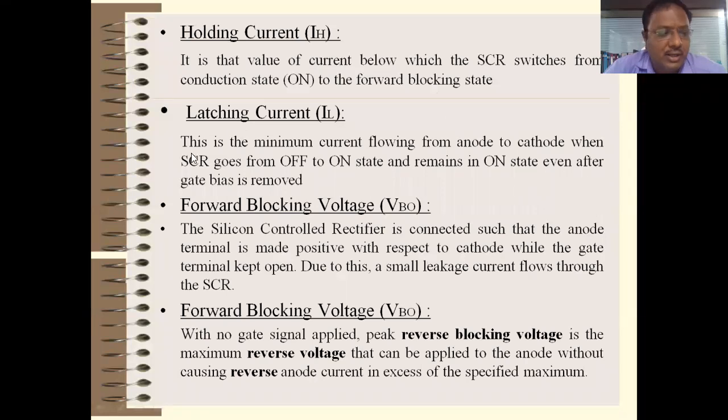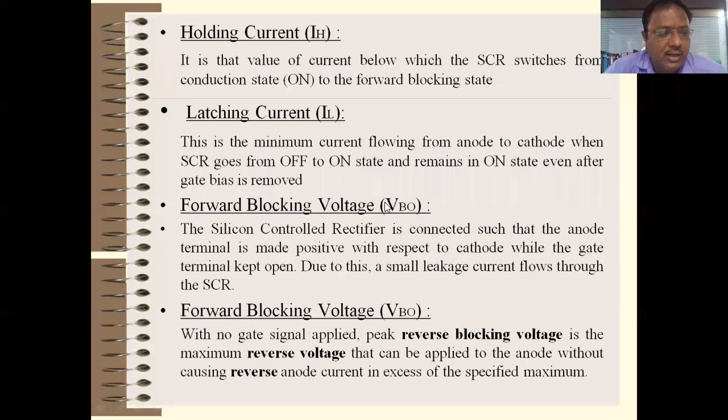Latching current is the minimum current flowing from anode to cathode when the SCR goes from the off to the on state and remains in the on state even after the gate bias is removed. As we already discussed, the SCR is a latching device. It means once it turns on, it remains on whether the gate voltage is present or absent.